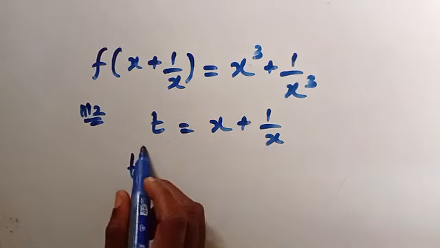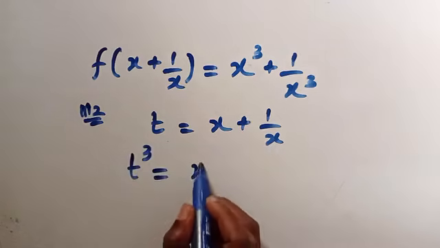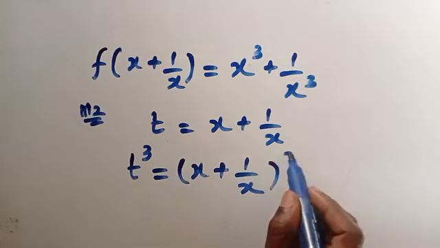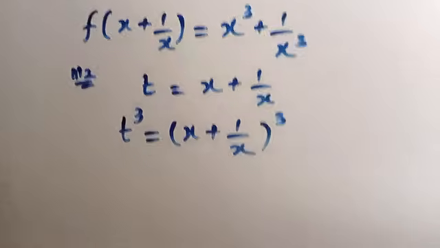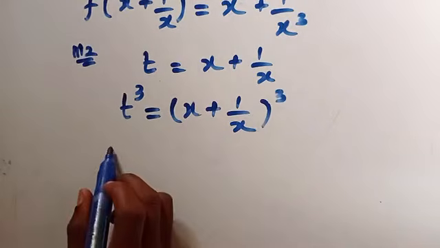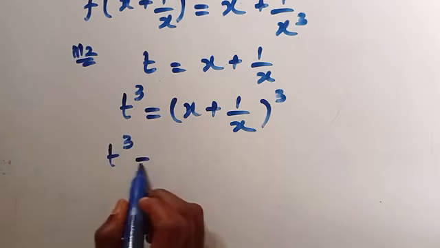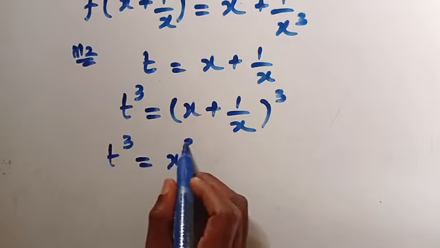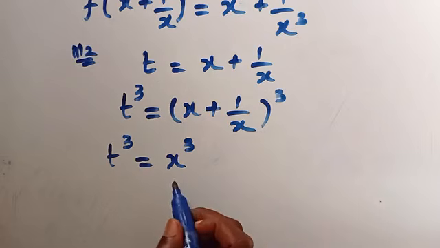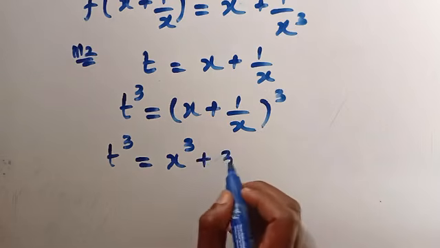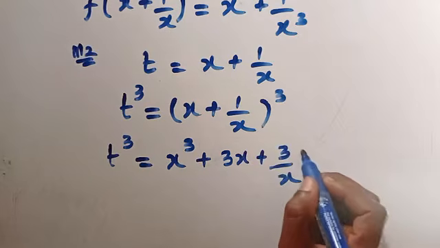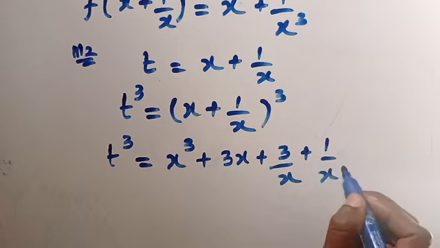We are going to have t to the power of 3 equals (x plus 1 over x) all raised to power of 3. From here, if I expand this out, we are going to have t raised to power 3 equals, using the normal binomial expansion, x to the power 3 plus 3x plus 3 over x, then plus 1 over x cubed.